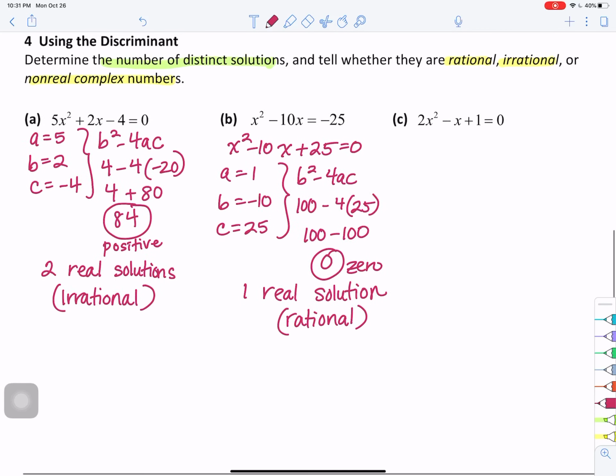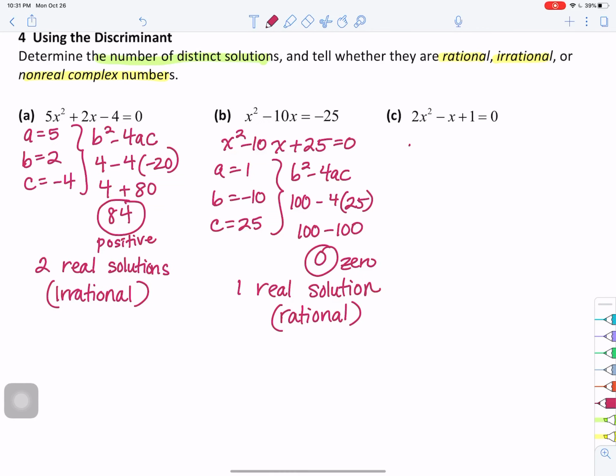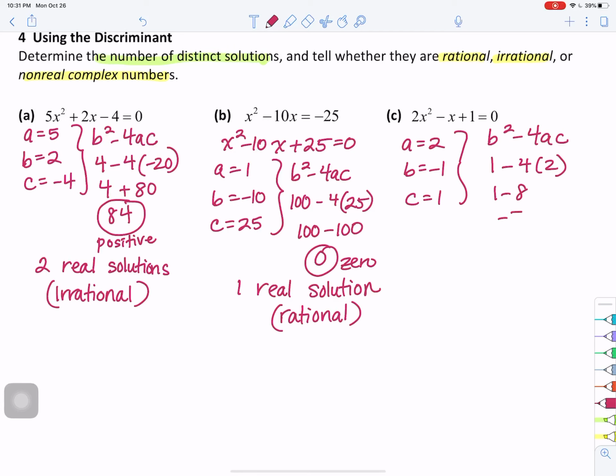Let's try C. A is 2, B is negative 1, and C is 1. B squared minus 4AC is a positive 1 minus 4 times 2. 1 minus 8, that's a negative 7. That's a negative number.